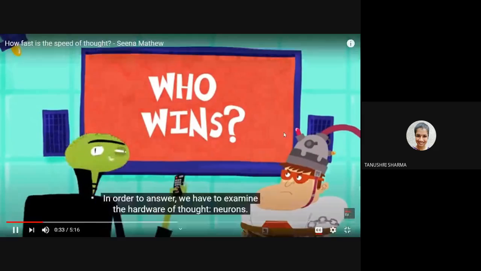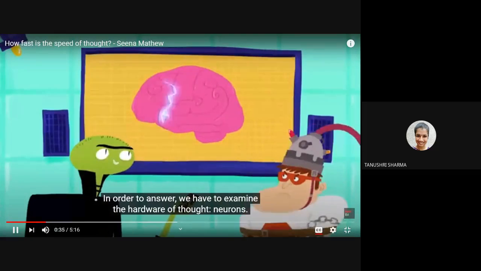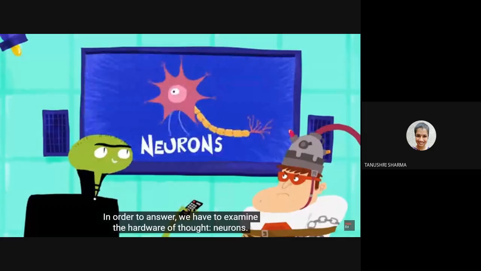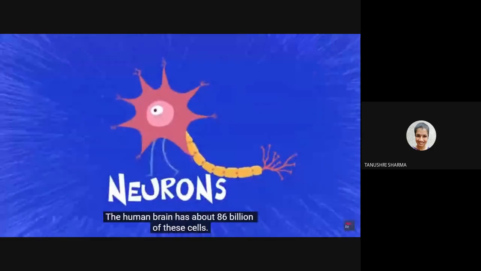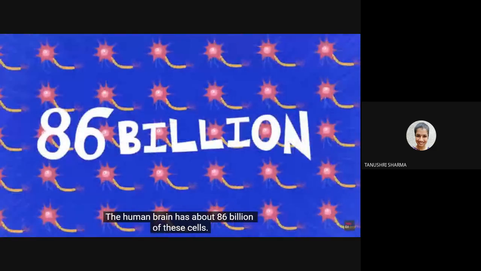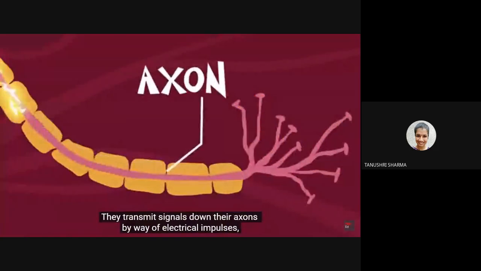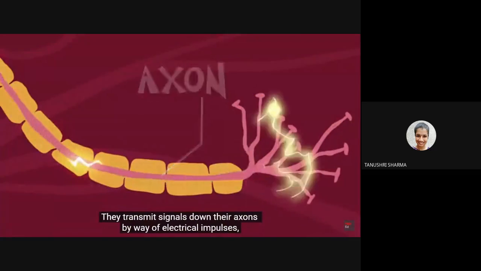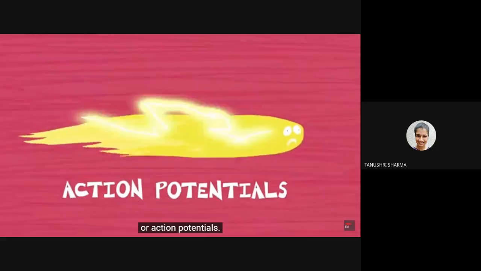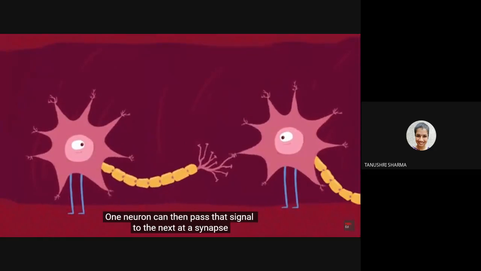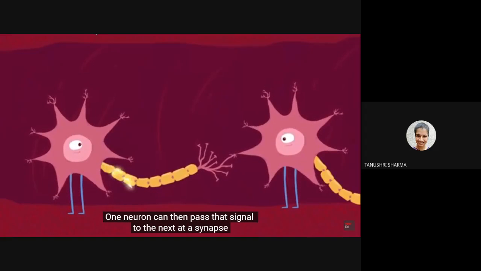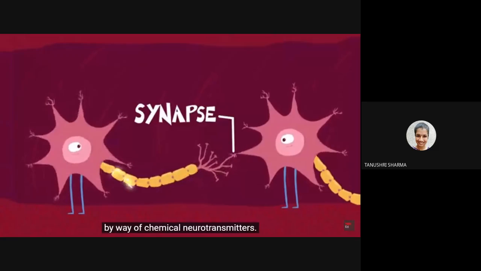In order to answer, we have to examine the hardware of thought, neurons. The human brain has about 86 billion of these cells. They transmit signals down their axons by way of electrical impulses or action potentials. One neuron can then pass that signal to the next to synapse by way of chemical neurotransmitters.